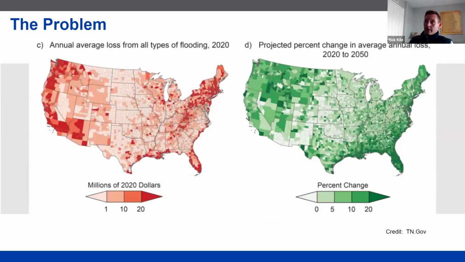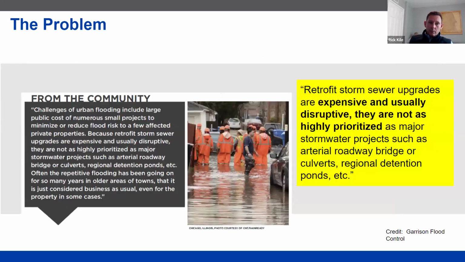Looking at it another way, what kind of cost effect does this have on the general populace, on the country as a whole? There's a significant change in the cost, the damage that these storms can do to our populations. So what's the problem?